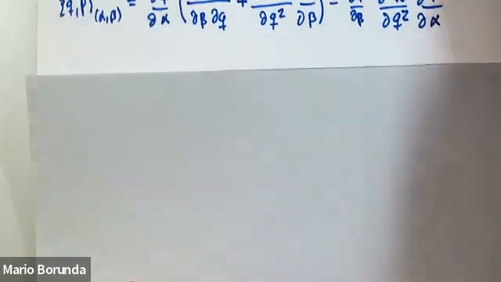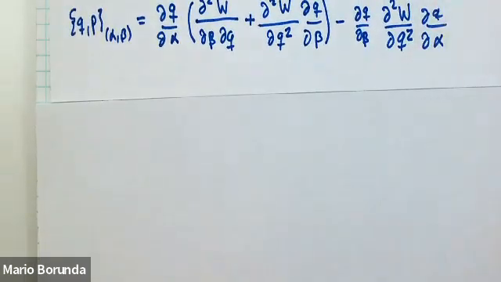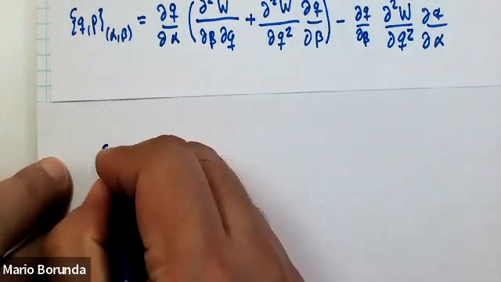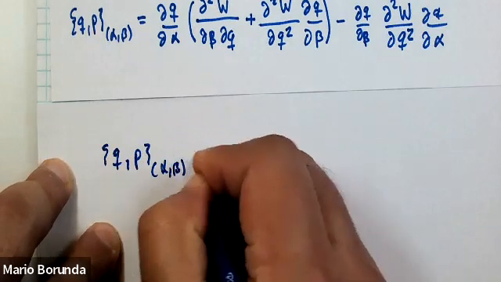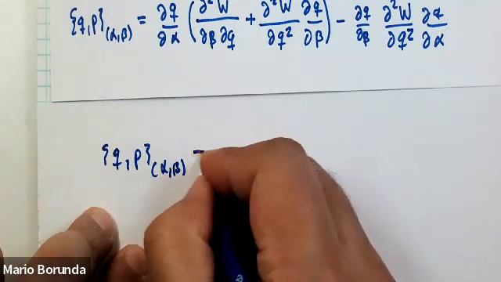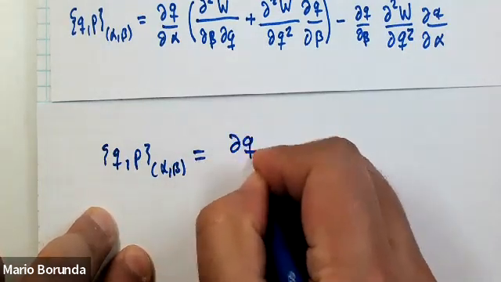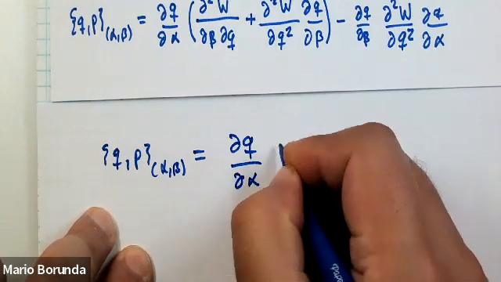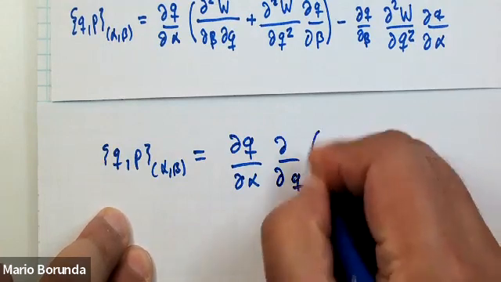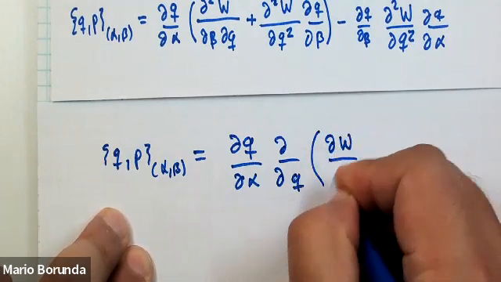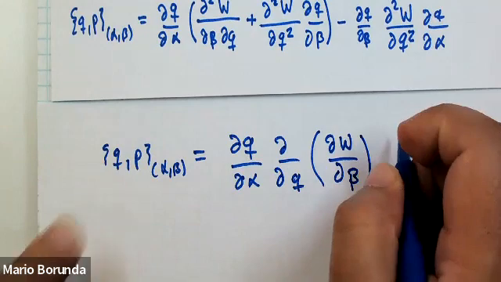So we see that a couple of things are going to cancel out, right? So that means that this one, after cancellations, is just going to be dq, d alpha, and the partial with respect to q of w, which depended on beta.